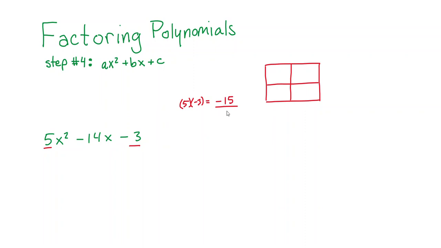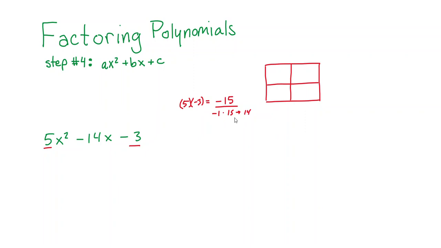Okay, so negative 15 is negative 1 times, oh no, did I make a mistake already? Let me see if I did. Oh yeah, no I didn't. Negative 1 times 15, which adds up to 14. So we could keep on going, negative 3 times 5 and negative 5 times 3 and so on.